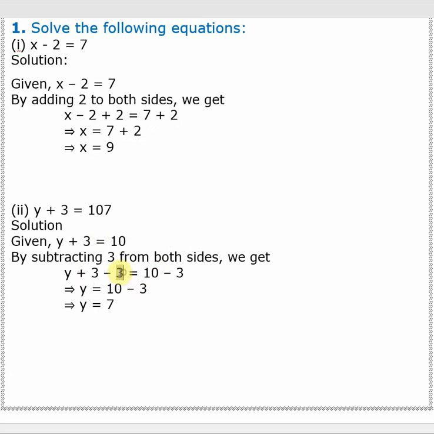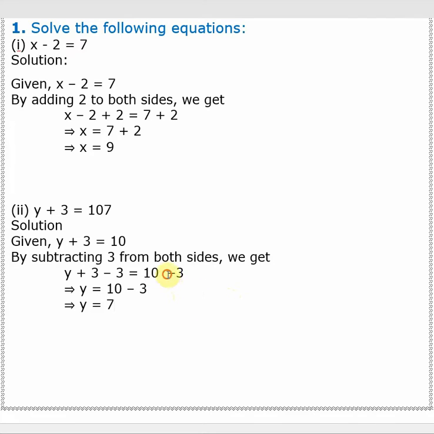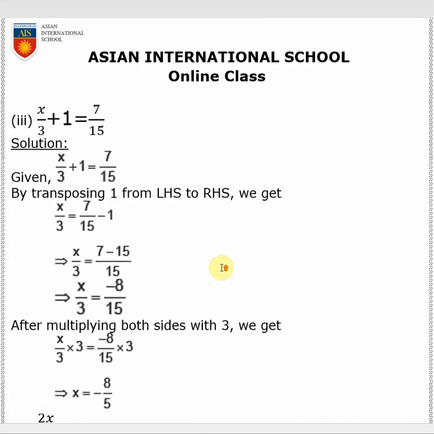Since we are doing this minus 3 on the left side, we have to do minus 3 on the right side also. So this gives us y equals 7. This sum can also be done with the same process: plus 3 goes to this side and becomes minus 3, 10 minus 3, so y equals 7. That also you can do.